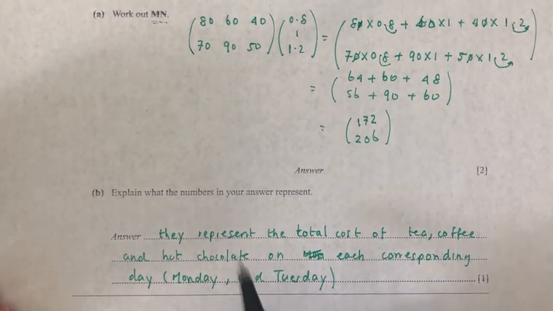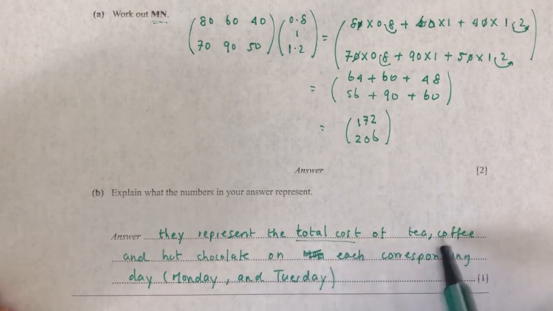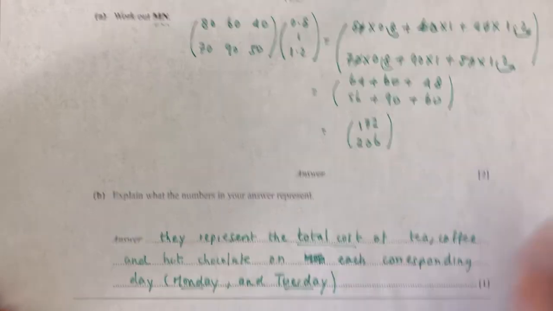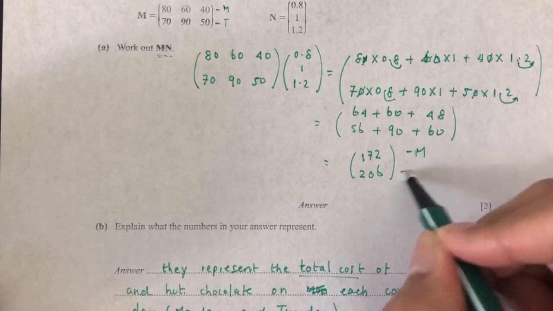Okay, so the important point is they represent the total cost of these ingredients on the day, Monday and Tuesday. This is Monday cost and this is Tuesday.